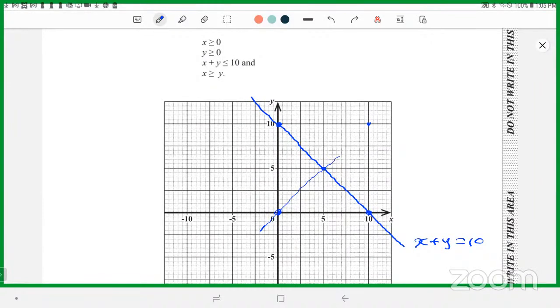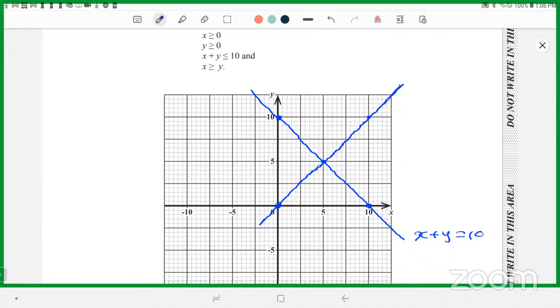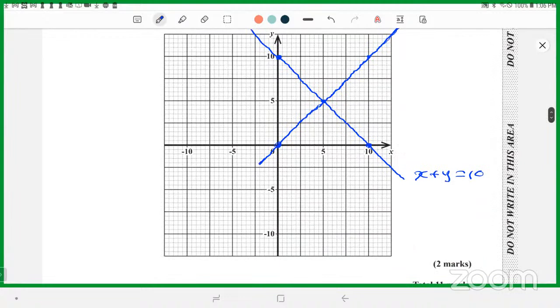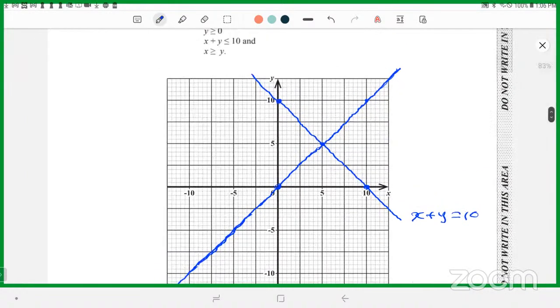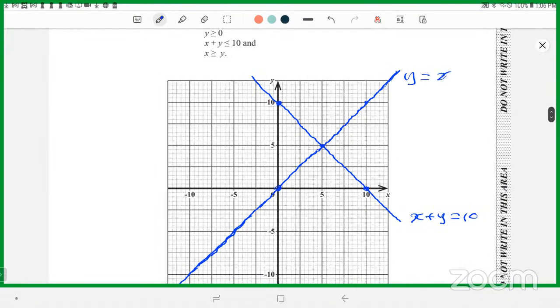Use your ruler and draw it right through the graph, guys. I'm going to label it y equals x.